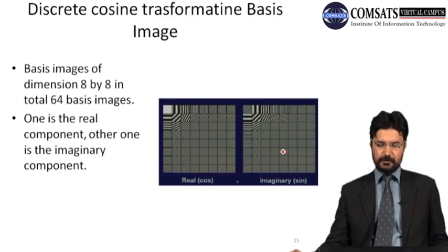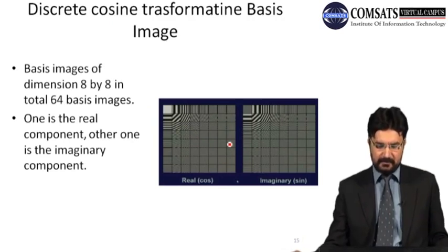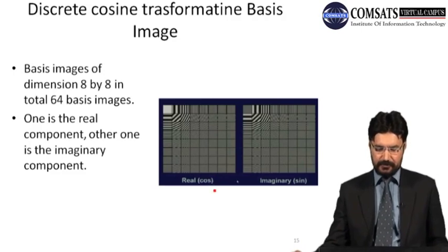Now if we want to visualize the discrete cosine transformation basis images, there are some examples. There are different types which are real and imaginary, which we will discuss in the Fourier transform when we study that. So this is the basis image of dimension 8 by 8, in total 64 basis images. And every basis image has 8 by 8 pixels, that is, 8 rows and 8 columns.